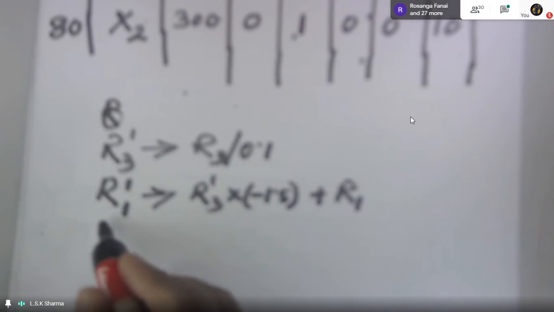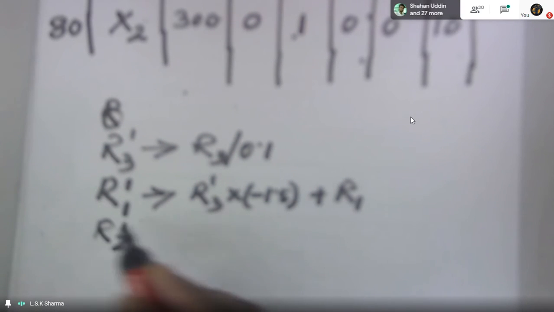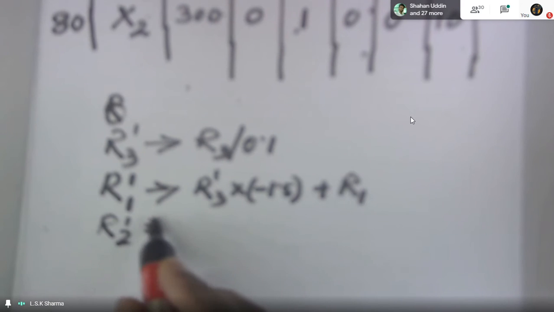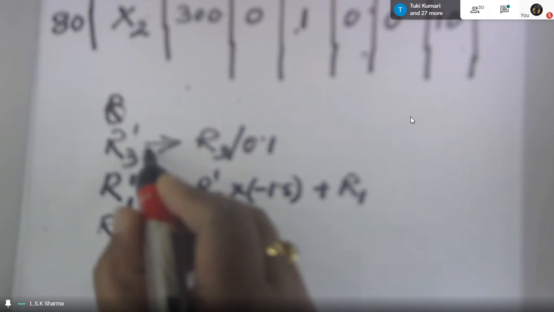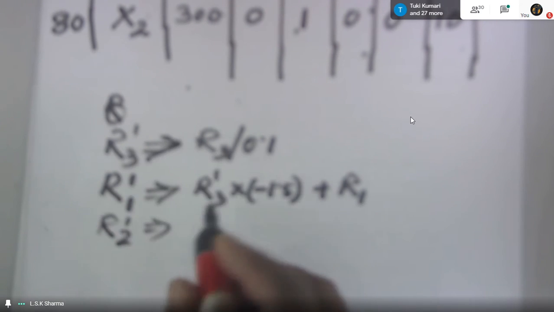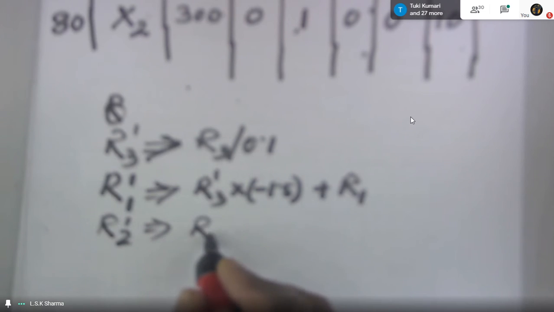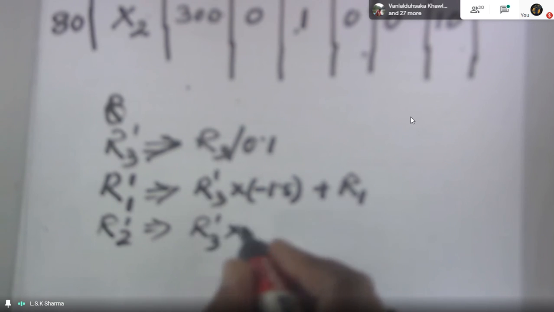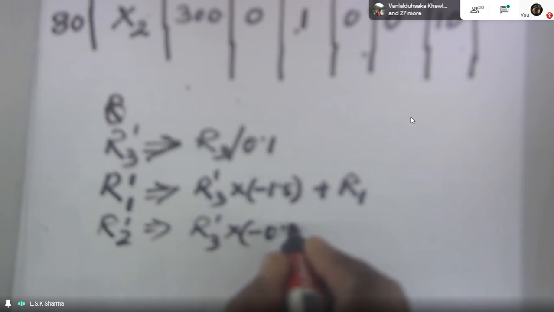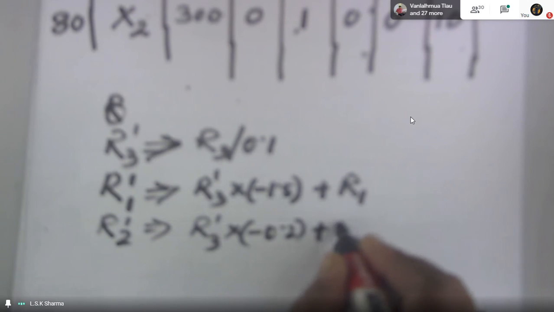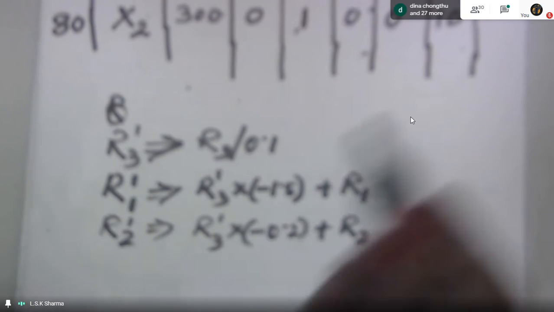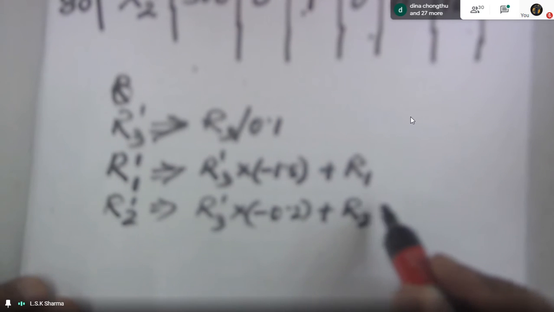I'll be writing the second row R2 dash. R2 dash is nothing but R3 dash multiplied by minus 0.2 and plus R2, whatever the value that we were having in the earlier row. Okay, now this equation we got to use.